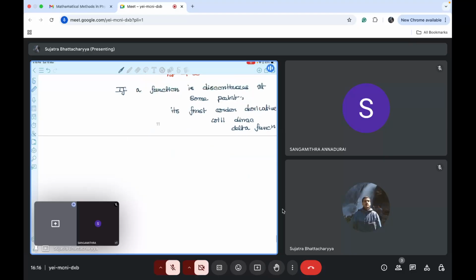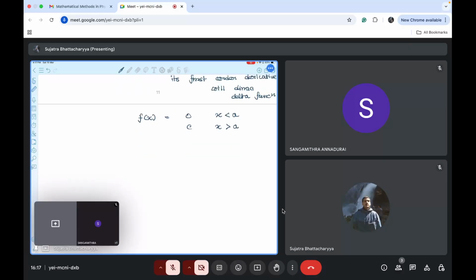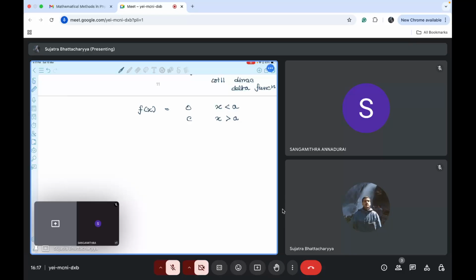Okay, so how can we prove it? Suppose f of x is equal to 0 at x less than a, and it is equal to some c at x greater than a. How can we represent this? Very easy. You have this point where it suddenly gets a jump and remains like this.